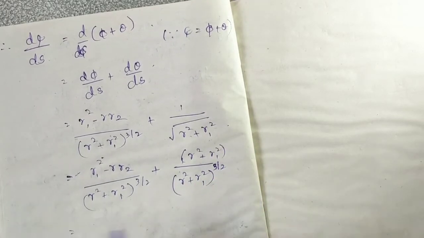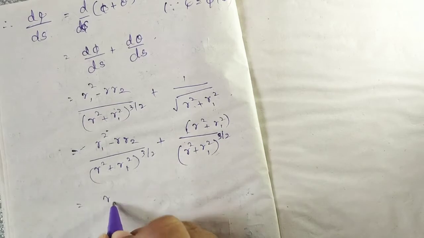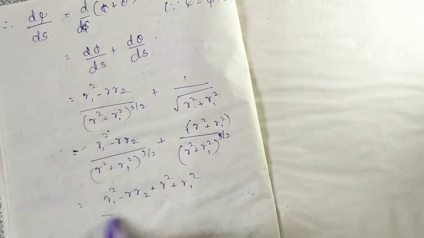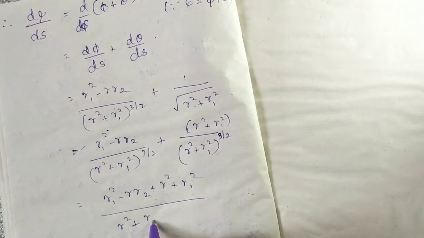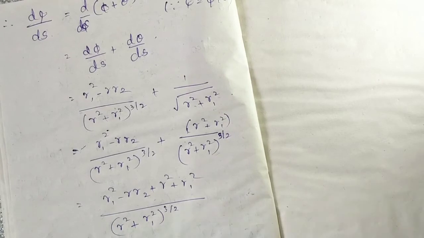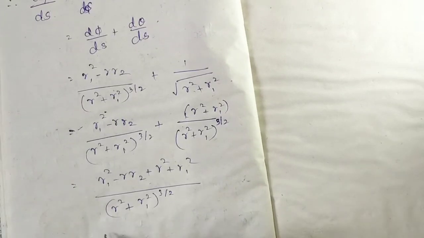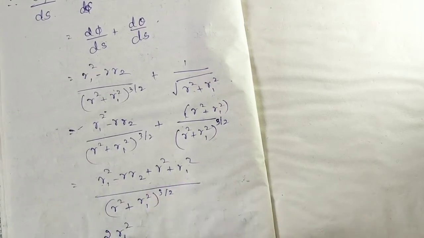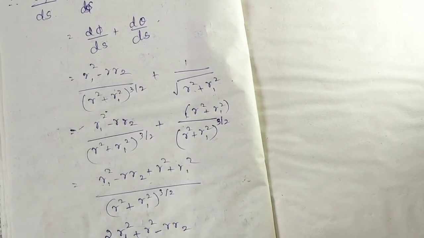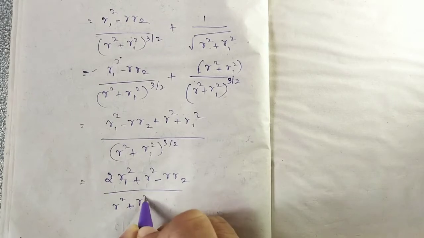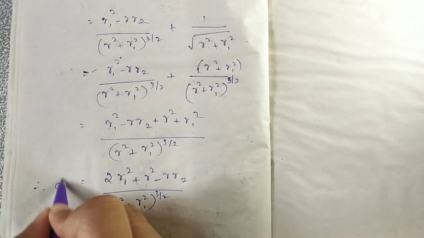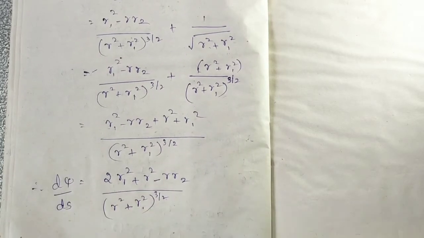Okay. Now (r1² − r·r2 + r² + r1²) divided by (r² + r1²) whole raised to 3/2. Clear? So this will be (r² + 2r1² − r·r2) divided by (r² + r1²) whole raised to 3/2, which is the value of dψ/ds.